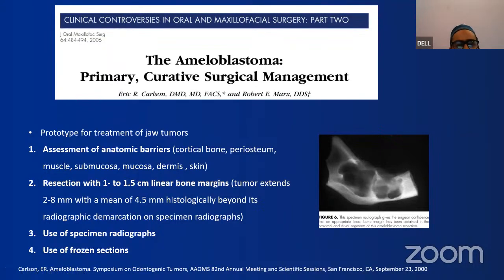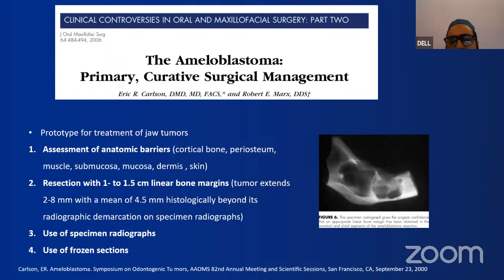Now they have explained the steps during the surgical management to cure the lesion. First is the assessment of the anatomic barriers, which has to be done on CT or radiographs to assess if there is any violation of the anatomic barriers.